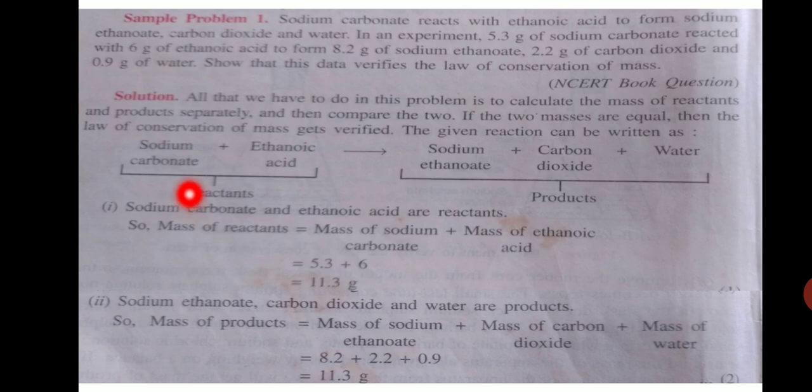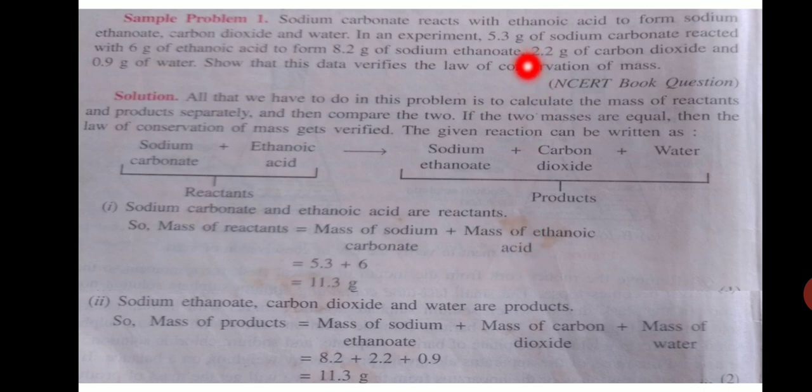Then we have to find out the sum of the masses. First, we find the mass of the reactant. Mass of reactant is equal to mass of sodium carbonate plus mass of ethanoic acid.